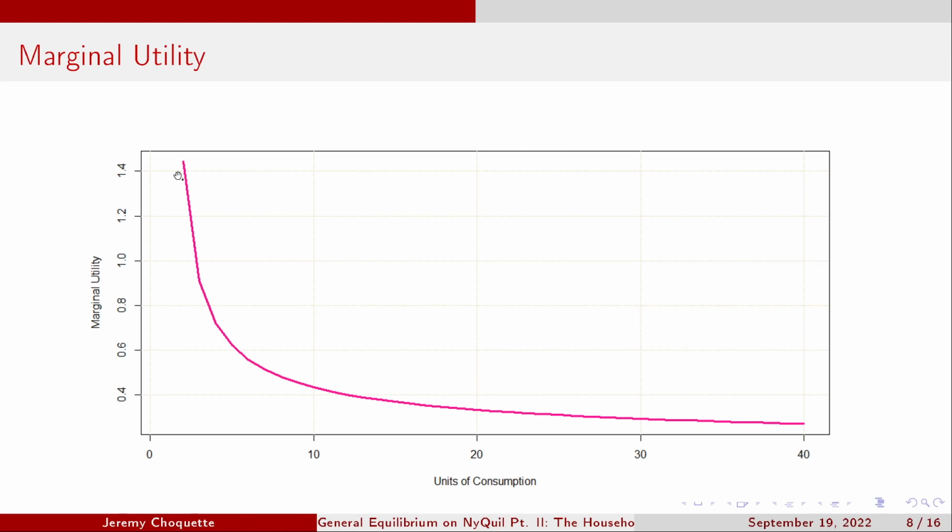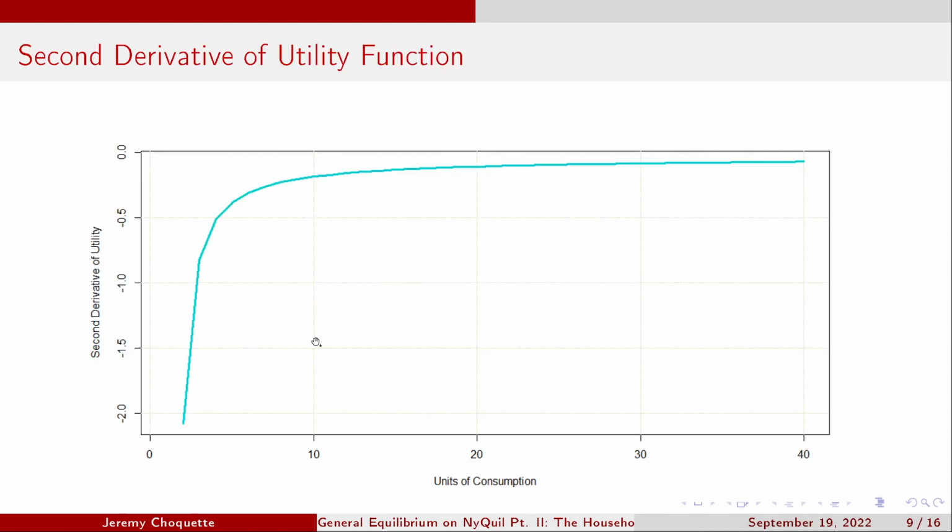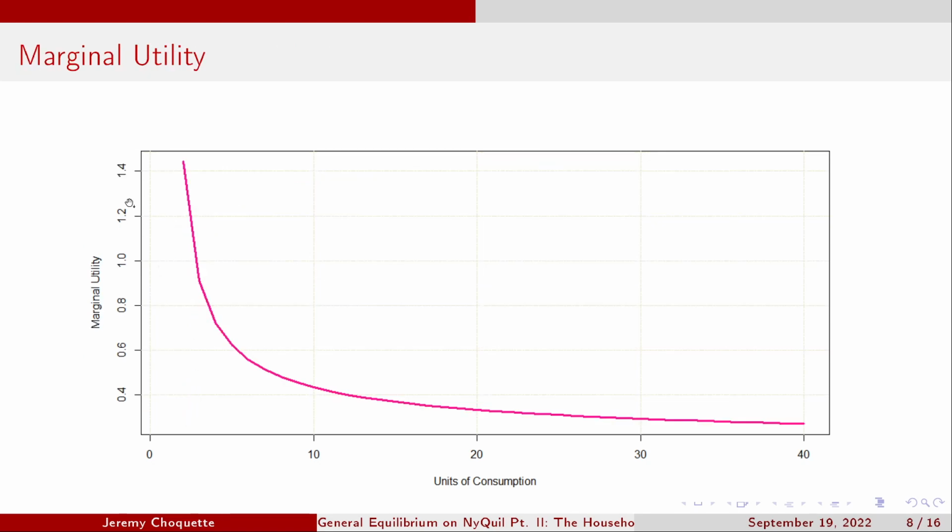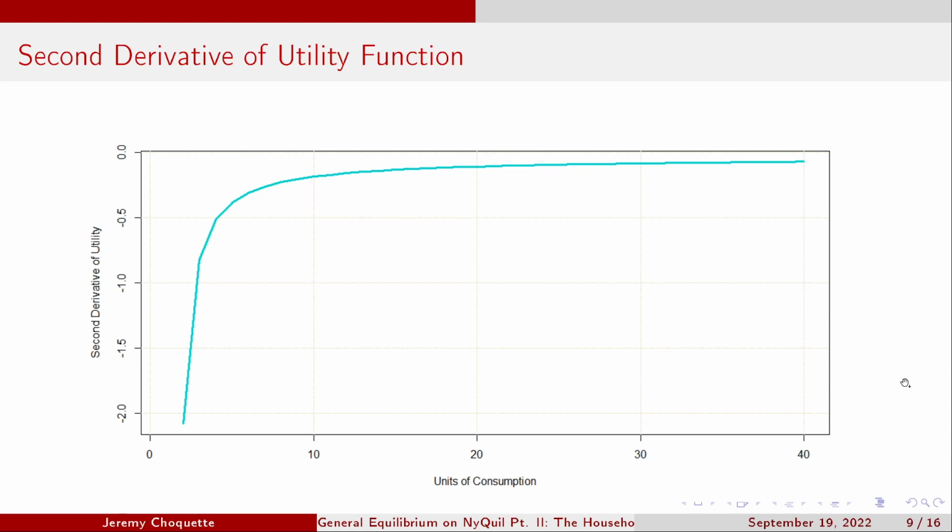However, if you were to take the derivative of this first derivative, right, you can see it's got a negative slope everywhere. So that would mean that the second derivative would be negative. And we can tell the second derivative is negative because every value of the second derivative is below 0. So positive first derivative, negative second derivative.